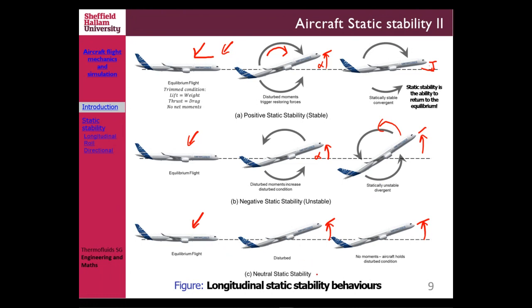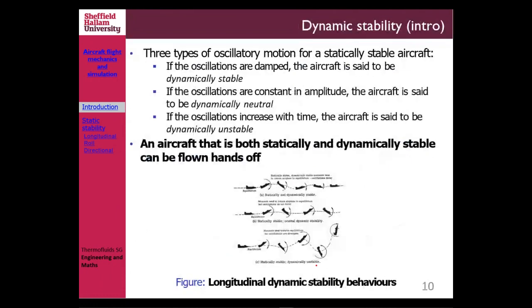That is what we consider neutral static stability. So I hope you understand the difference among those 3 conditions: statically stable, or positive static stability; statically unstable, or negative static stability; and neutral static stability. Okay, now just an intro about dynamic stability.